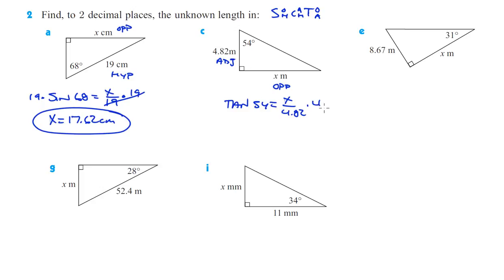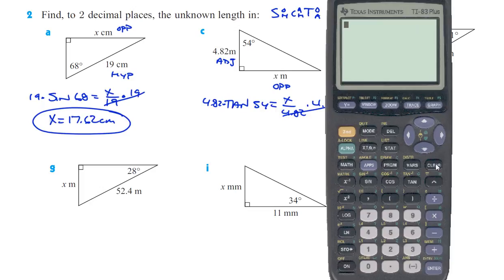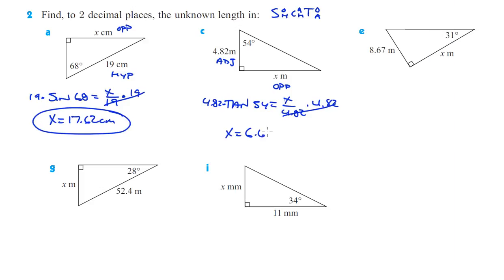Again, I'll multiply both sides by 4.82, and that's going to tell me what x is. So 4.82 tangent of 54, I get 6.63 meters in this case.